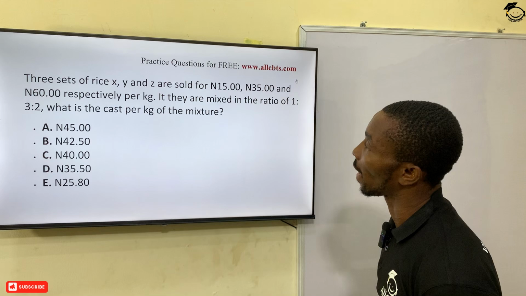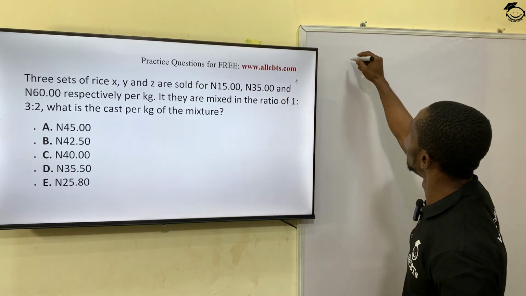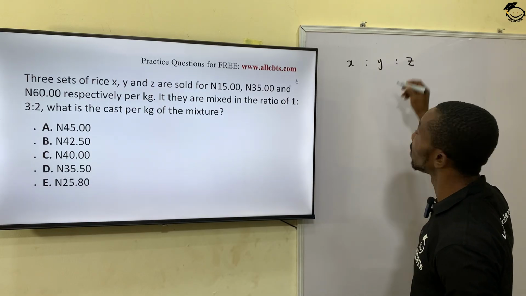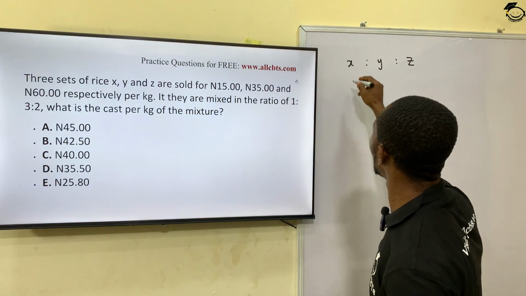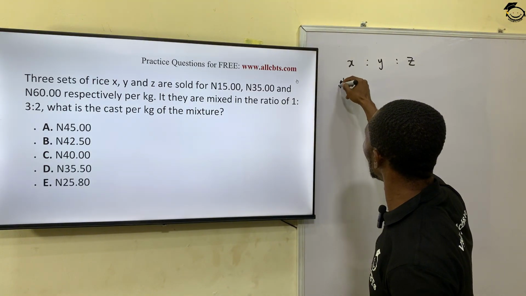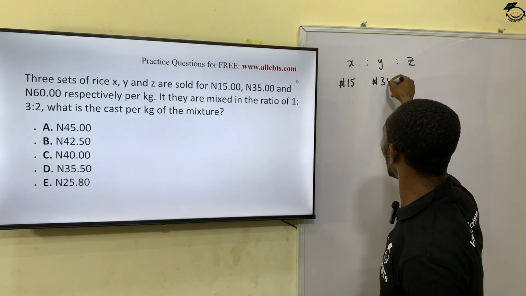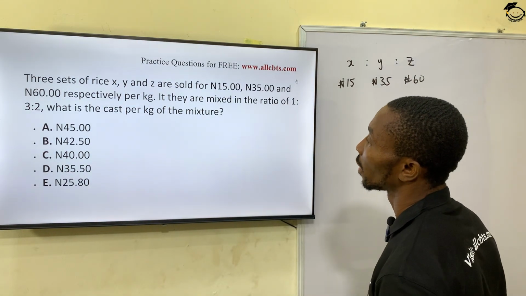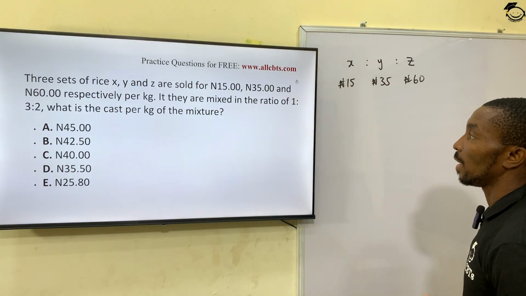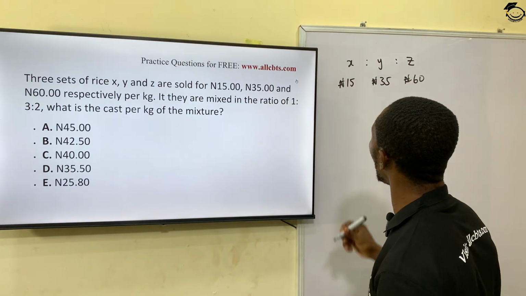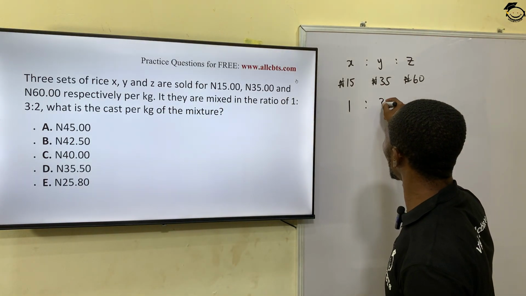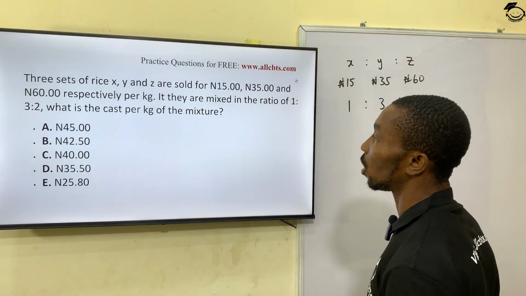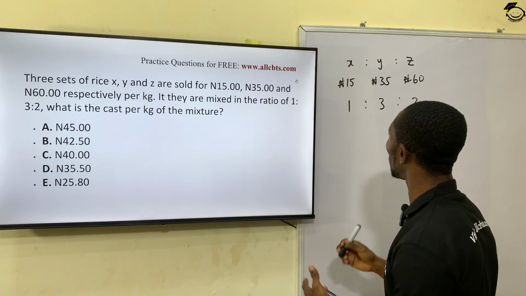3 sets of rice, x, y, and z, are sold for 15 naira, 35 naira, and 60 naira per kg, respectively. If they are mixed in the ratio of 1:3:2, what is the cost per kg of the mixture?